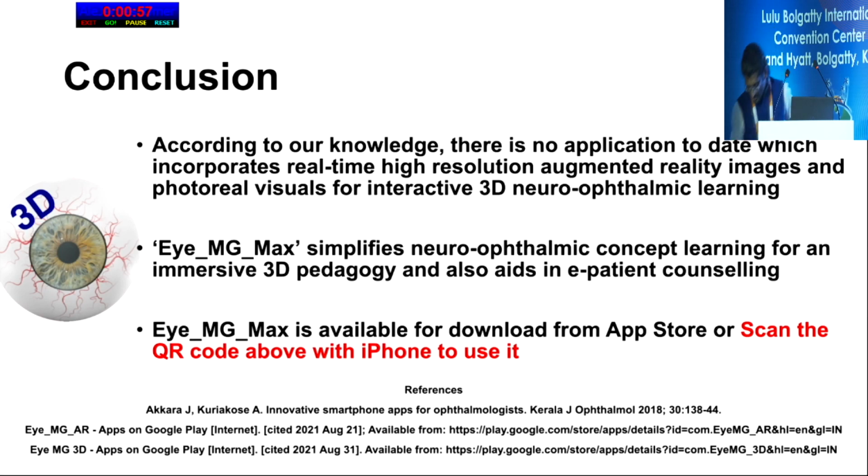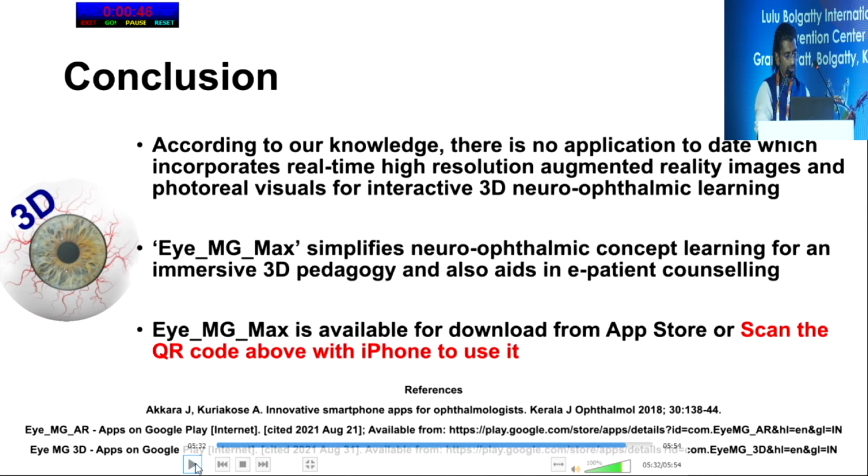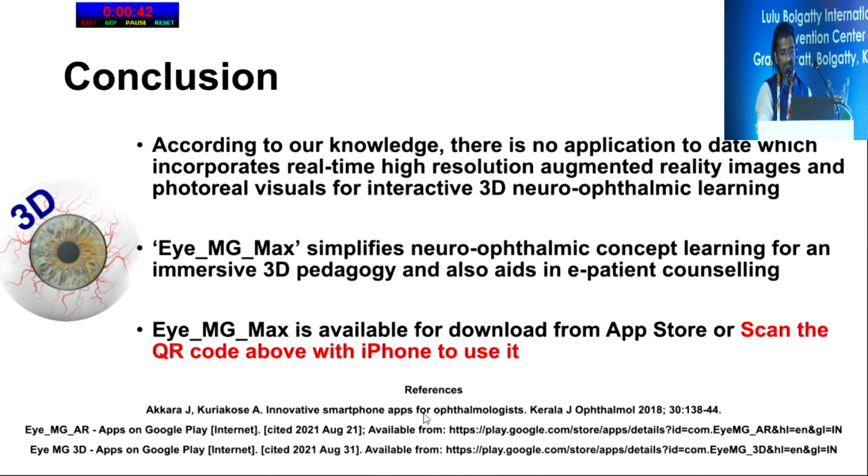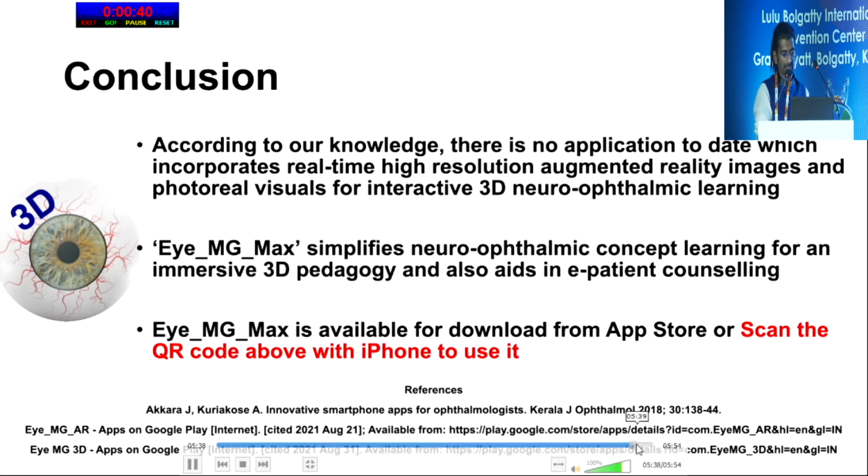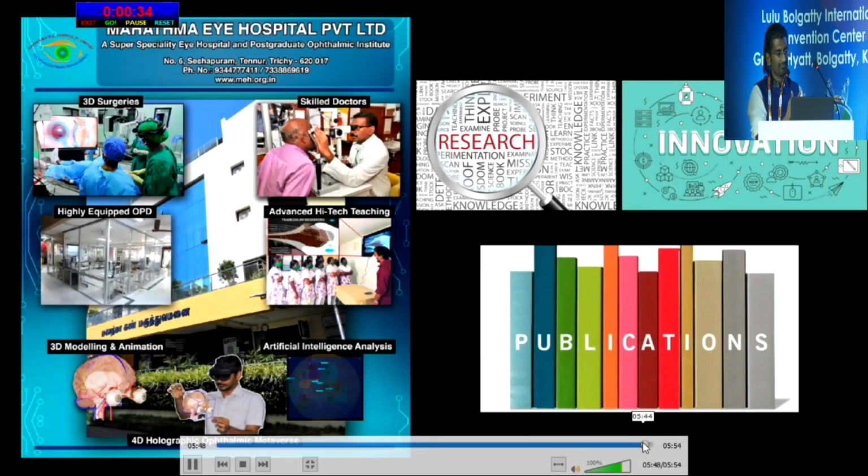If any user wants to download the app and also print their own models, such as the cavernous sinus or the circle of Willis that I'm holding in my hand, they are free to do it if they want it in a more digital way of expression. So this is the QR code, my dear friends, and immersive learning is the future. I think from neuro-ophthalmology is where we have to start, so that the next batch is trained very well. Thank you for this opportunity.